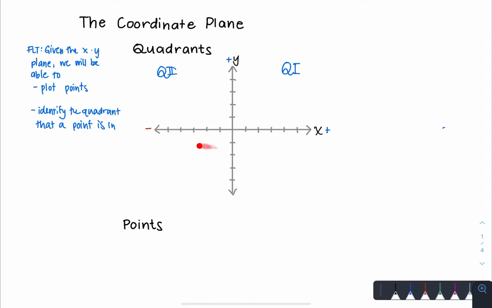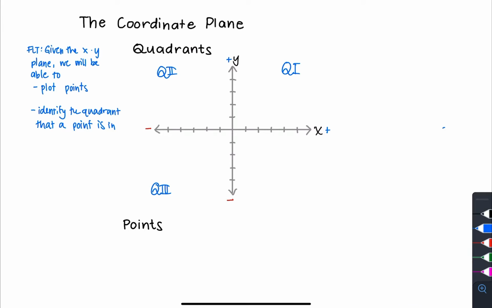Moving to this area here, anything in the negative x and negative y direction will land in quadrant 3. And finally, anything in the positive x, negative y direction is going to be in quadrant 4.